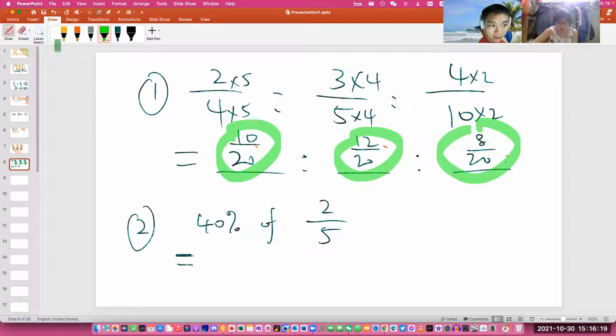So if you cancel the 20, you are left with 10, 12, and 8. Then what are you going to do next? Divide by what? 2. Yes. That's why you should get 5, 6, 4.